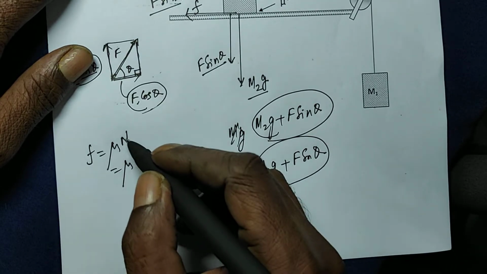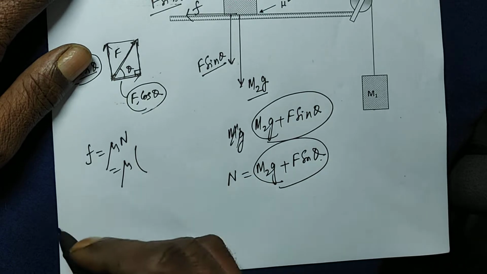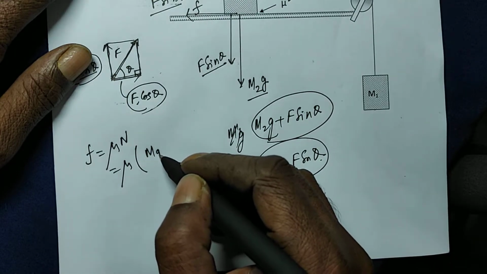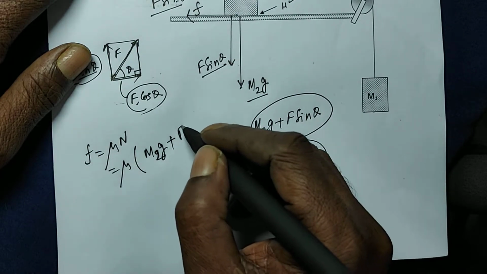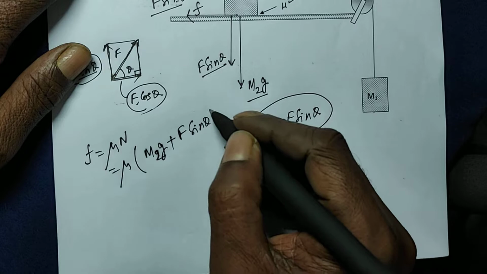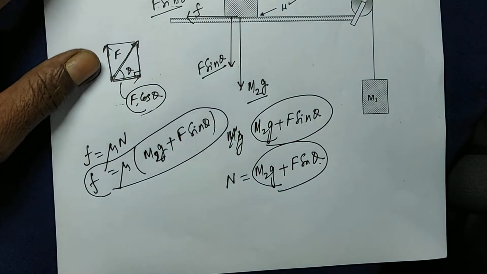So N is multiplied with mu, and there are two terms here, so I have to keep this in brackets: mu times (m2g plus F sin theta) is your force of friction.